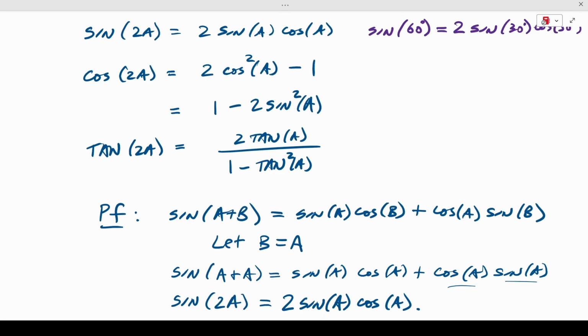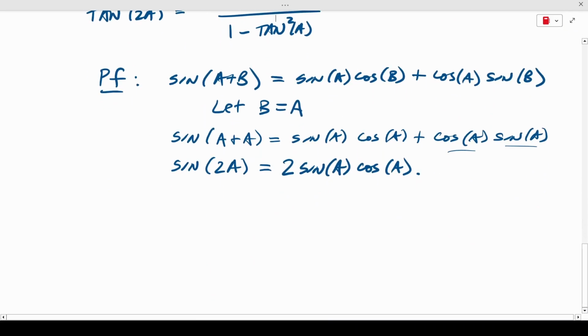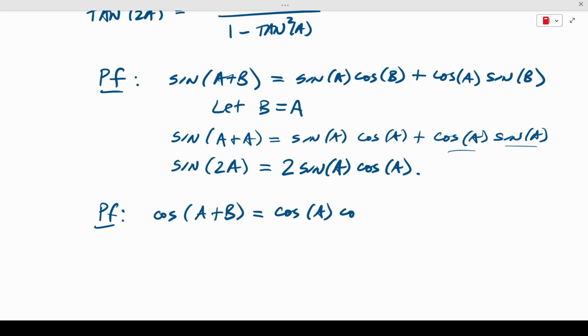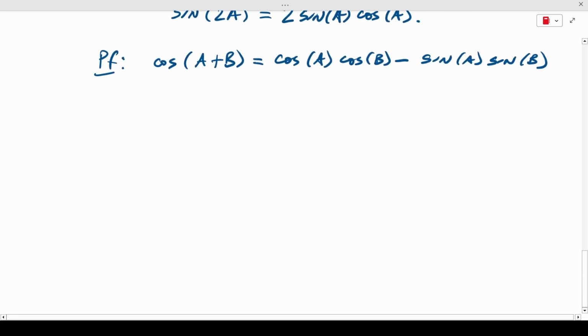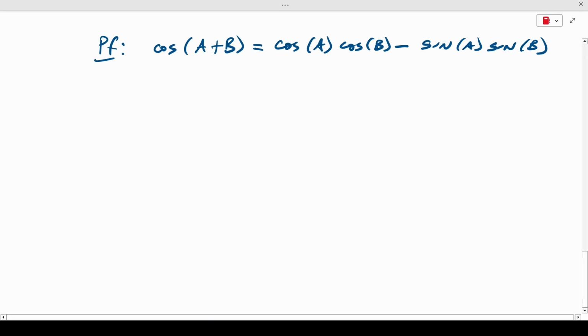Let's also prove the double angle identity for cosine. And again, it comes from starting with the sum identity. Cosine of A plus B, we know is cosine of A cosine of B minus sine of A sine of B. And what I'm going to do here is I'm going to let B equal A again.